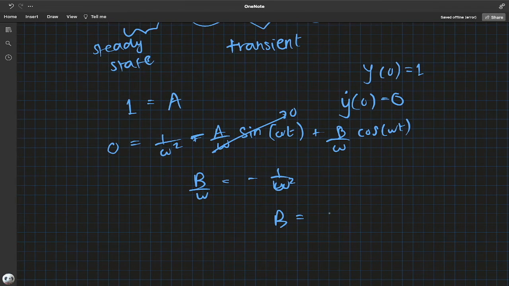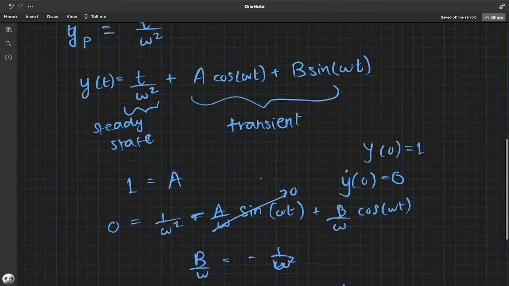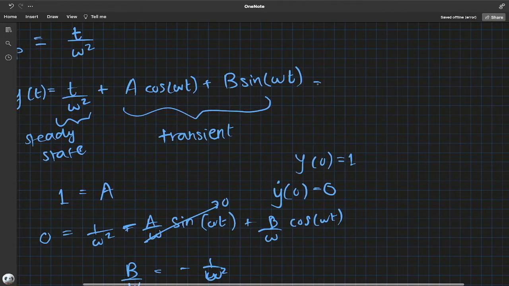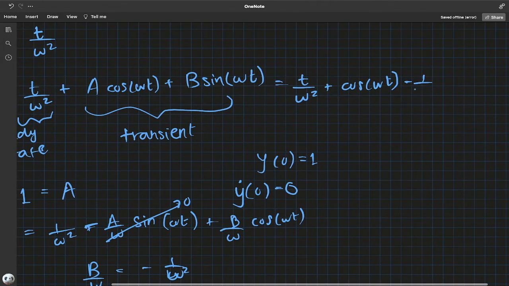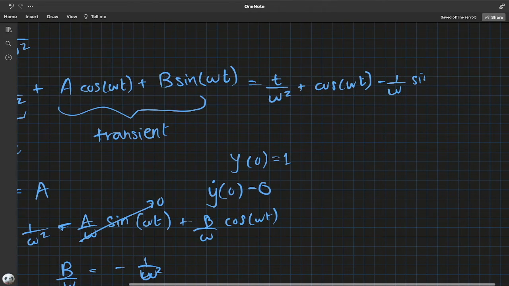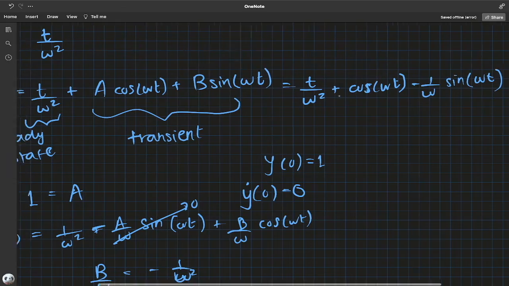So b is just negative 1 over omega. So you plug all these things in, you get this. And there you go. That is the solution for this problem.